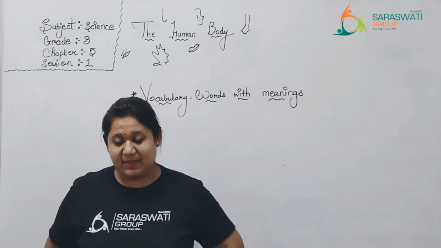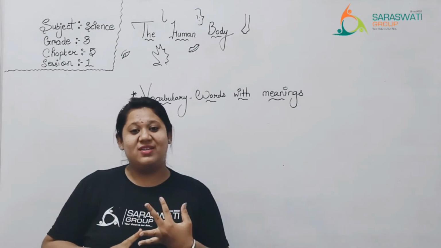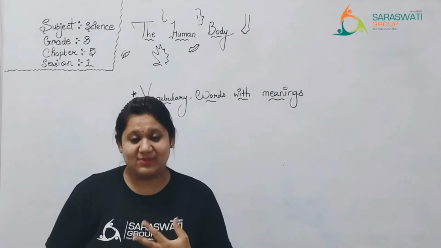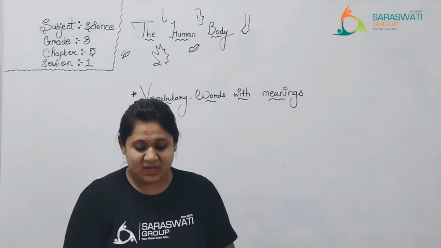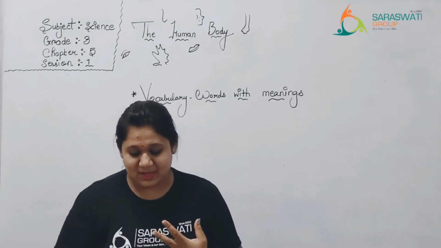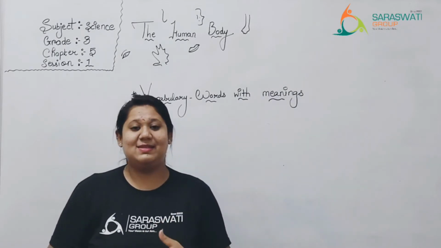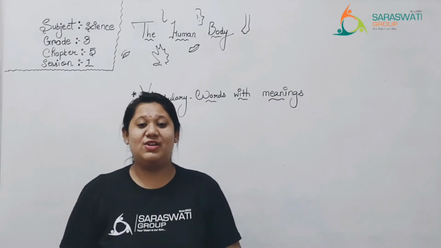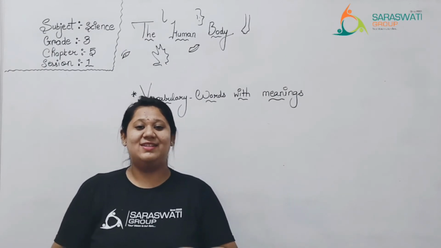Our body is made up of cells, tissues, organs, organ systems like the skeletal system, then the muscular system, then the digestive system, then the respiratory system, then the breathing system, right? So these are the different types of systems that I am going to explain in this chapter.